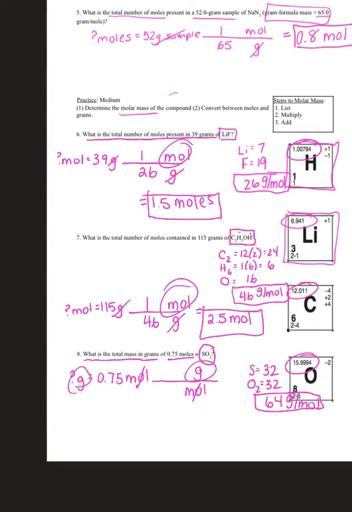There are 64 grams in every 1 mole. Now we can calculate. Everything on the top gets multiplied. 0.75 times 64 equals 48, and the unit is grams. This is the answer to this question.